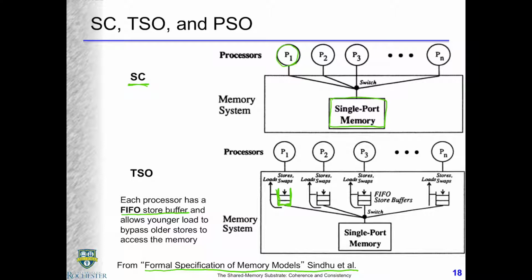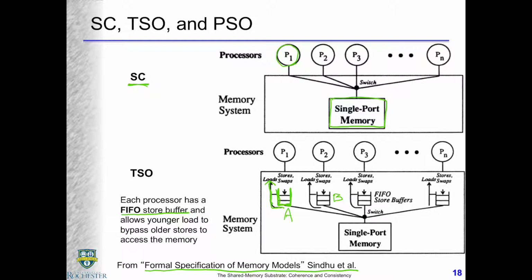But if we see a younger load, we may bypass and serve the load first because it's more critical, while the store is still pending in your store queue. So that's total store ordering. And again, when we're going to the memory, at any point, only one store can go at a time. So while store A, for instance, from this processor is happening, store B over here is not taking place at the moment.